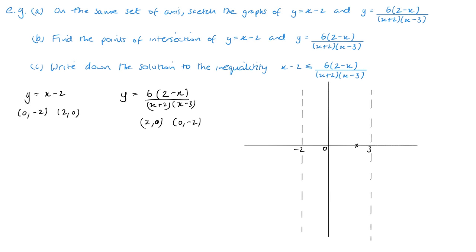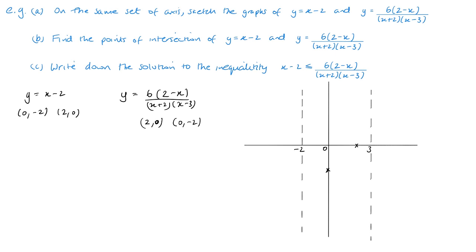So I'll mark both of those on the graph there. It's not quite the same distance away. Maybe that one's a little bit better. Okay, so I've marked those values on there.